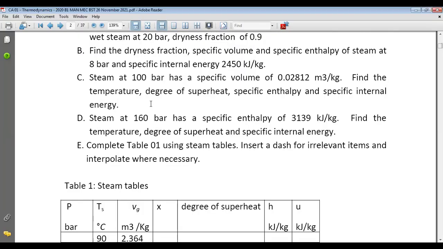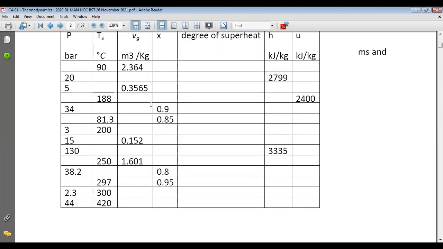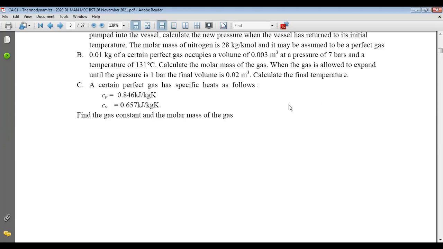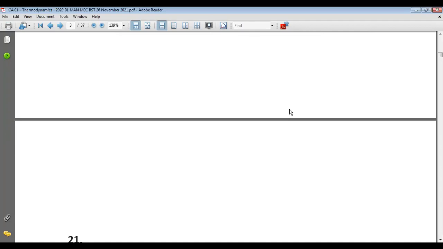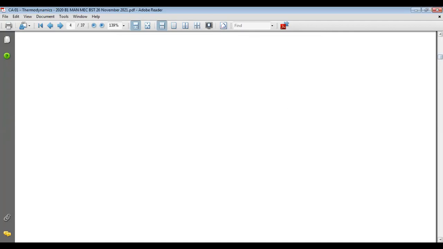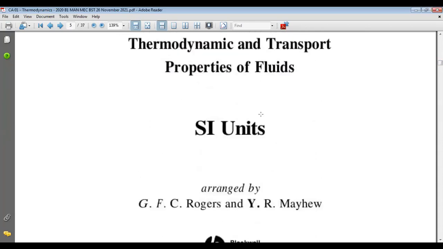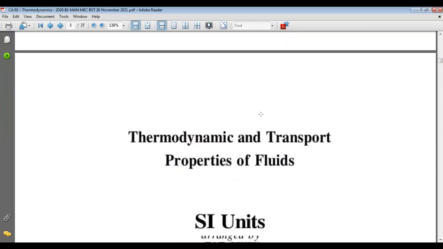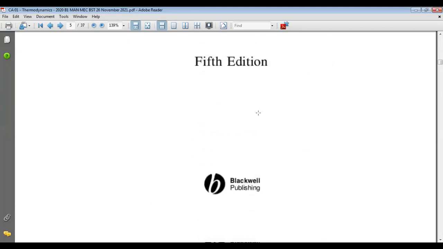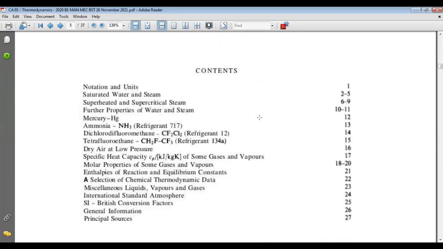So, in your first assignment, thermodynamic properties. This is the technical data sheet.